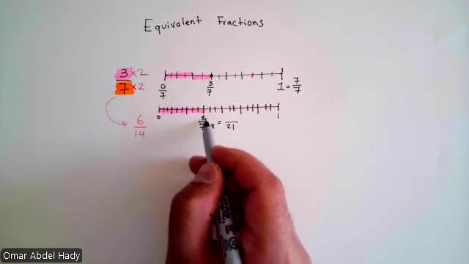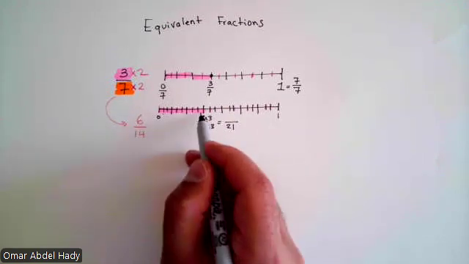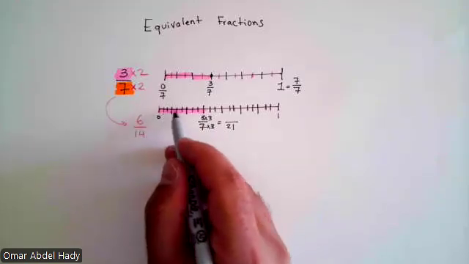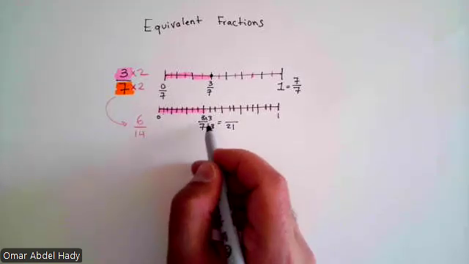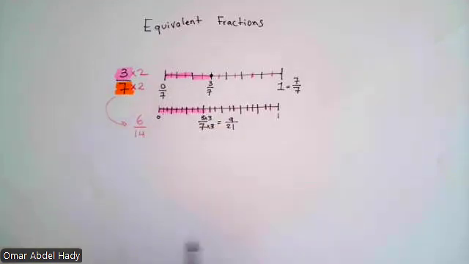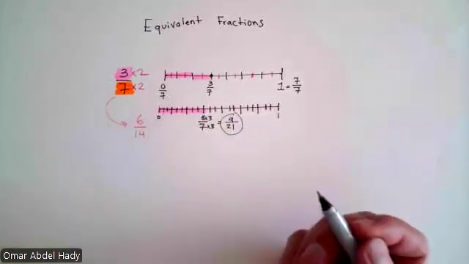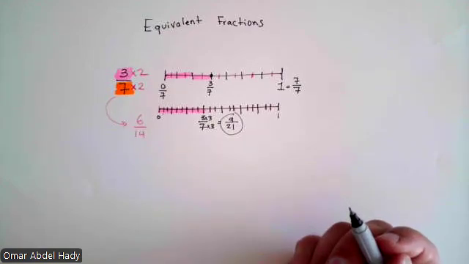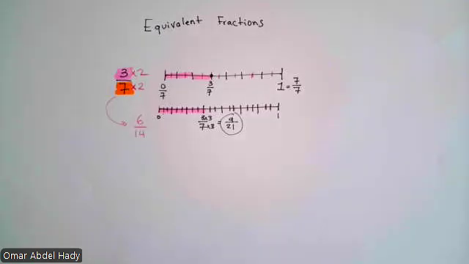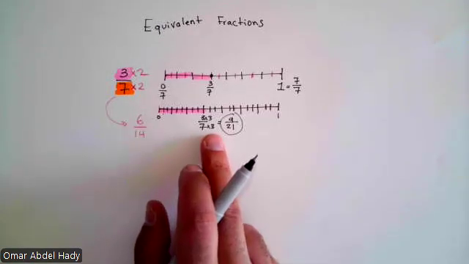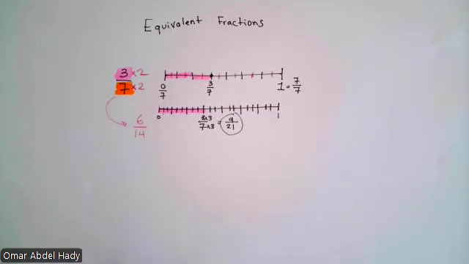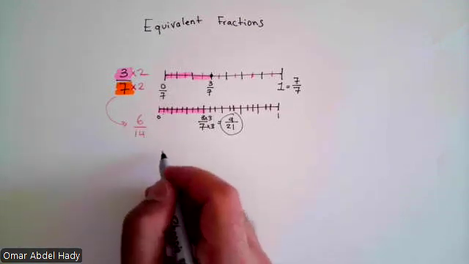And I had 3 originally, but I broke each 7 into 3 parts. 3 times 3 is 9. So my second equivalent fraction is 9/21. So 9 pieces out of 21 parts.